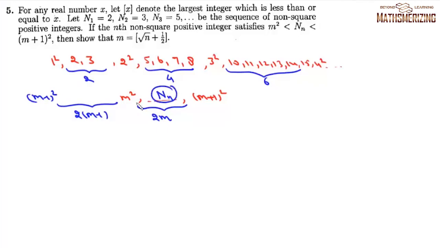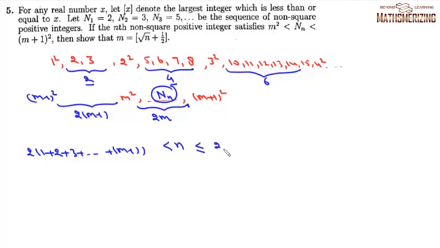Now this nth number will lie somewhere here. If the nth number lies between m square and (m plus 1) square, then this n will be greater than the sum of all these numbers, which is 2 plus 4 plus 6 up to 2m minus 1. So it will be 2 into (1 plus 2 plus 3 up to m minus 1), and it will be less than or equal to all the numbers till (m plus 1) square.